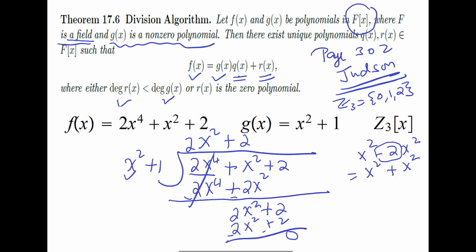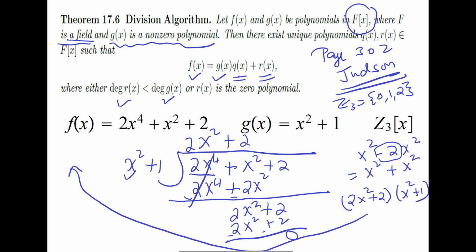All right, so what we find is that this quantity f(x) is 2x squared plus 2 times x squared plus 1. Let's just quickly FOIL it and see if that is correct, because the remainder turned out to be 0. So we have 2x squared times x squared, so 2x to the 4, right?